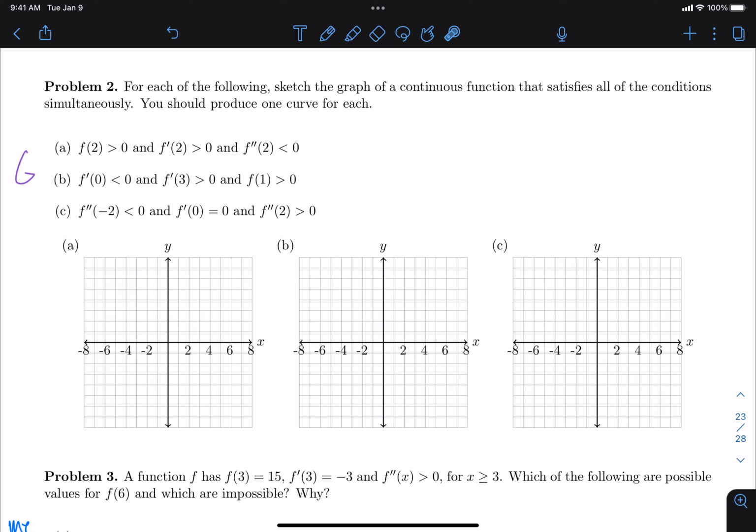So it's possible you might not draw the exact same thing as your partner, but I want you to identify whether each other's graphs satisfy the criteria shown in each of A, B, and C. So do your best to do a little bit of drawing, and Jacob and I will be walking around to help you today. Just raise your hand if you want a little bit of individual attention from either of us.